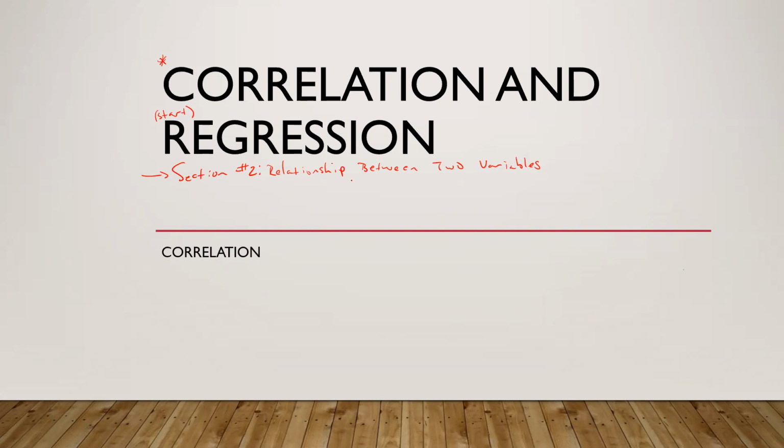So there's 2 main topics we're going to cover here. Okay, this concept of correlation, and then this concept of regression. Okay, what correlation looks to do is it looks to study or measure the strength of the relationship between 2 variables. So let me put that. Strength of relationship.